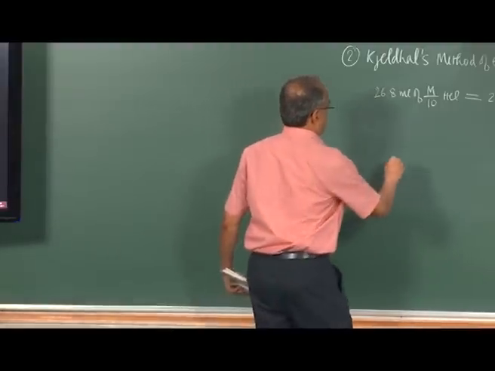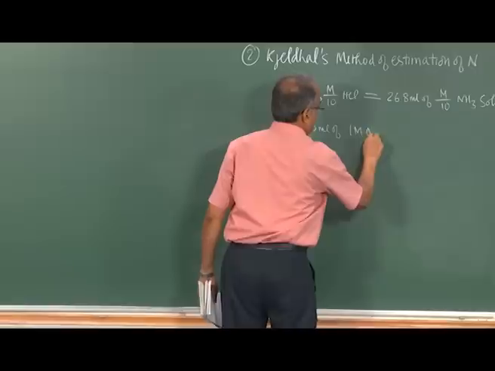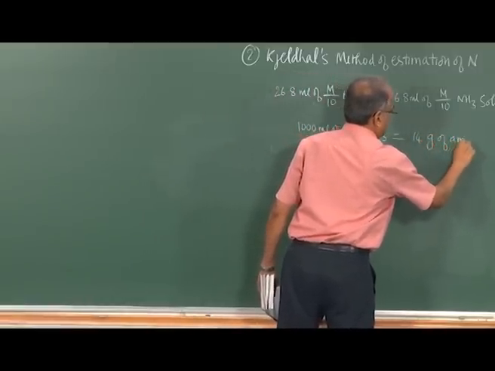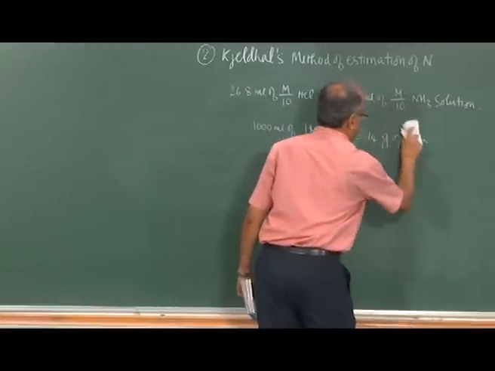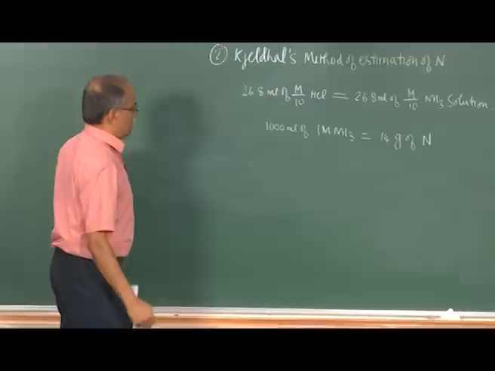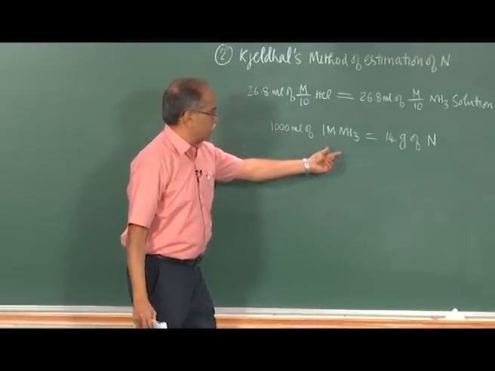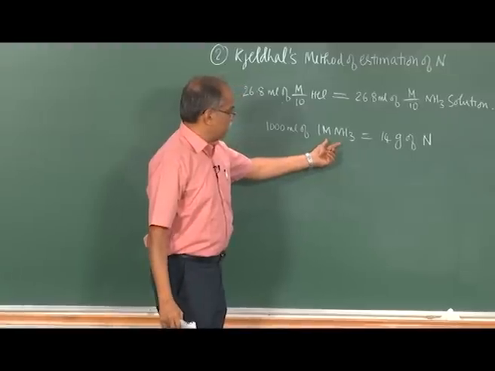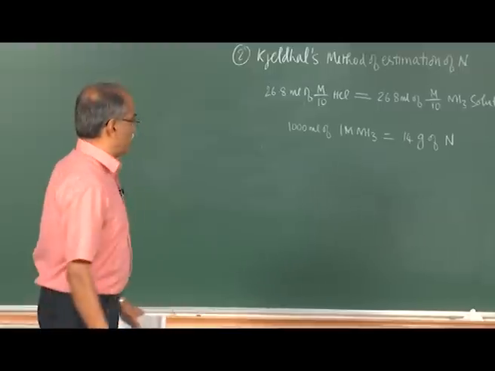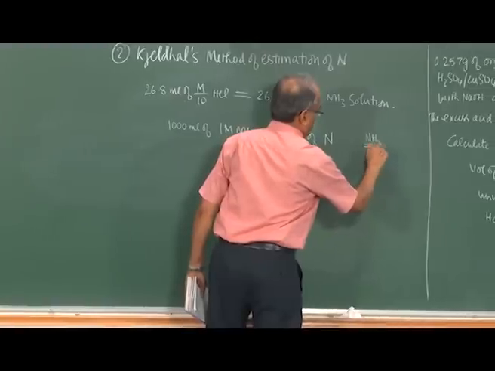We know that 1000 ml of 1 molar ammonia corresponds to 14 grams of nitrogen. In other words, if you take 1000 ml of 1 molar solution, there will be 1 mole of ammonia. In 1 mole of ammonia, from the molecular formula NH3, the amount of nitrogen present is 14 grams.